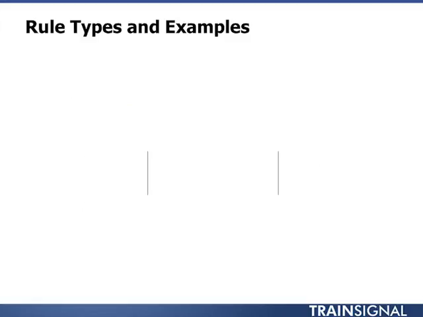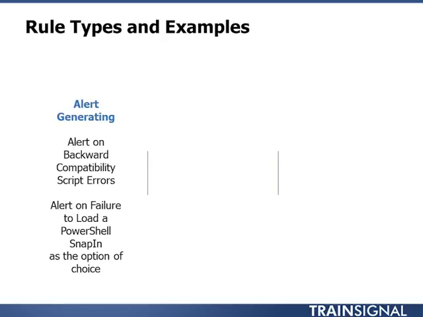There are different kinds of rules that you can use with Operations Manager. One is an alert generating rule. For example, you could alert on backward compatibility script errors or alert on failure to load a PowerShell snap-in as the option of choice. So, with a rule, you could test to make sure that that process worked.